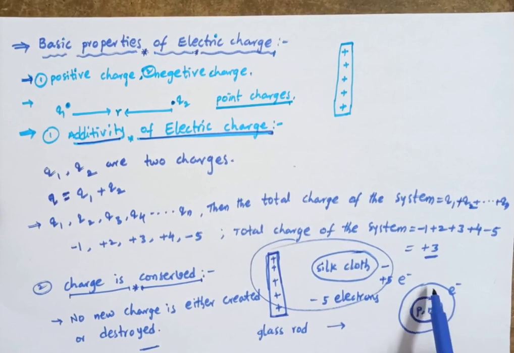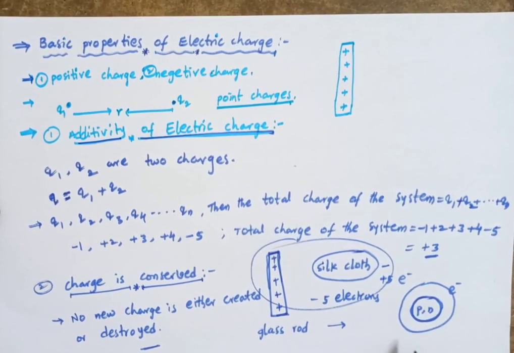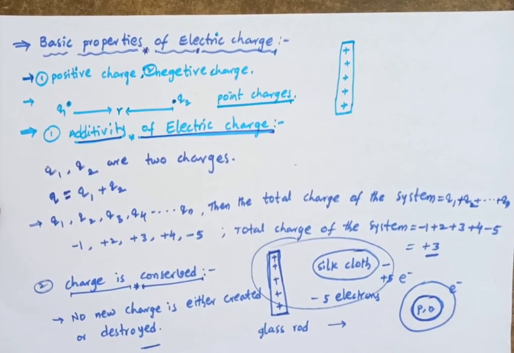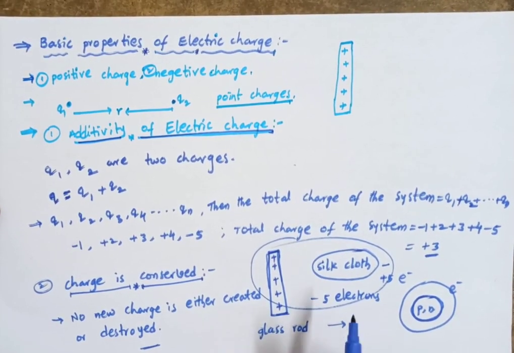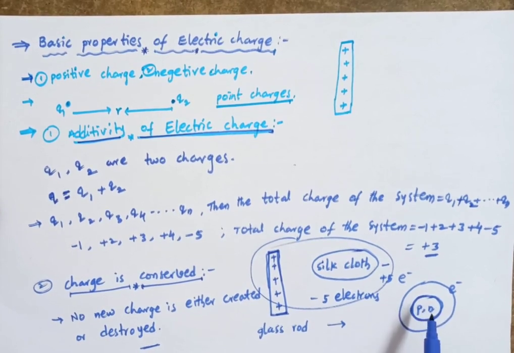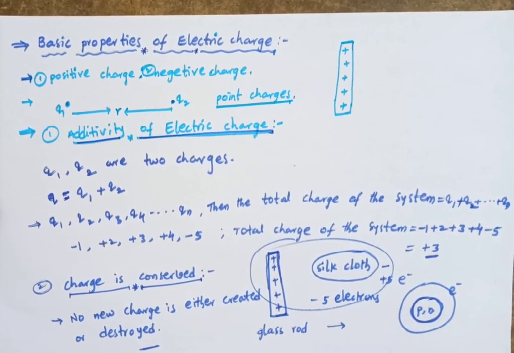Sometimes nature creates charged particles when a neutron turns into a proton and an electron. The proton and electron thus created have equal and opposite charges, so the total charge is 0.